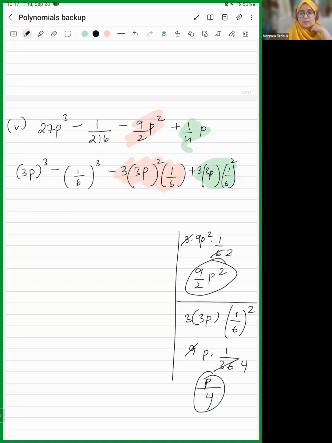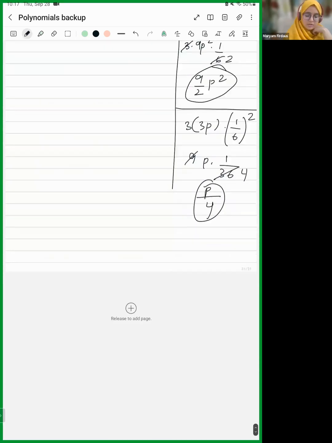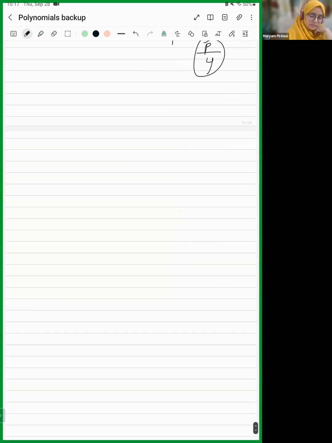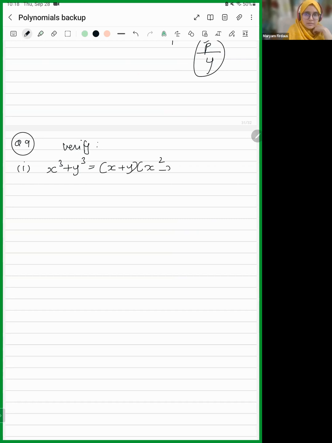Then let's come to the ninth question. Any doubts still here? Verify. They are asking you to verify x cube plus y cube is equal to x plus y into x square minus xy plus y square.